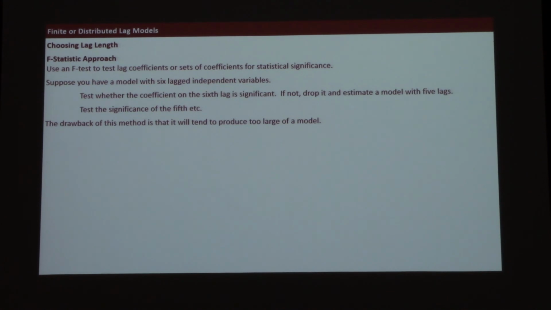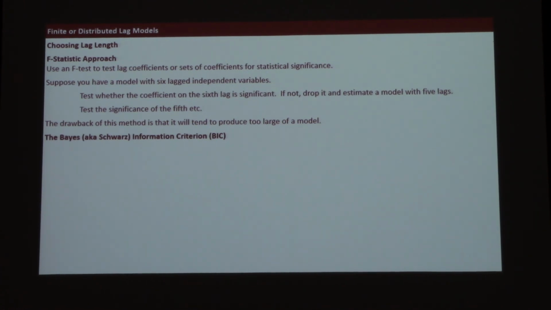This is a pretty simple method, but it usually results in bigger, more lags than are necessary. Parsimony. Smaller is always better when it comes to econometrics. Smaller models are always better. So the F-stat results in bigger models.